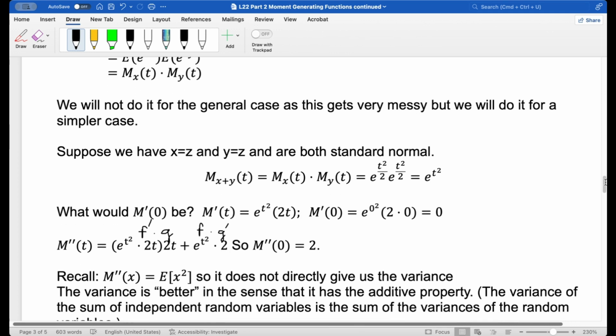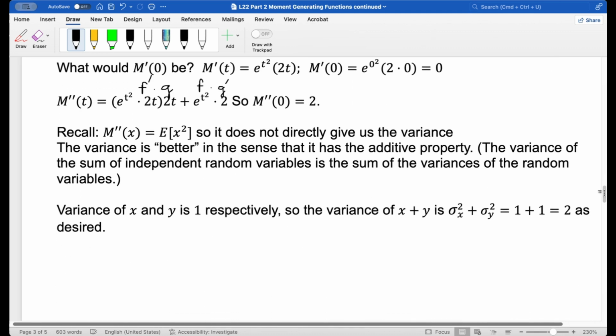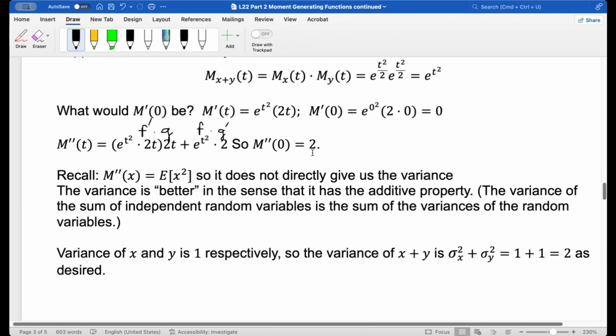Then the variance is expected value of x squared minus the mean squared, which is 0. And so we'll get that 2 back. Let me just fill that in here quickly.